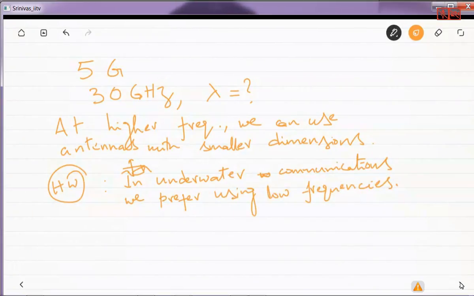So just try to guess the reason, right? Discuss with your friends or with your faculty members. I can give you a hint or two, but you think about it, and we can discuss it later, right?